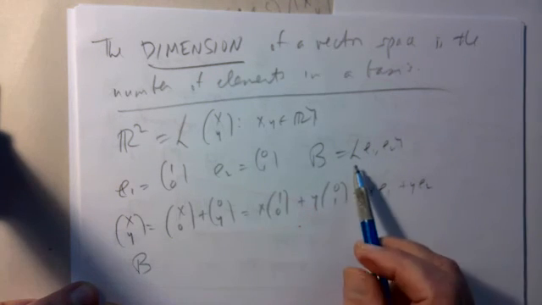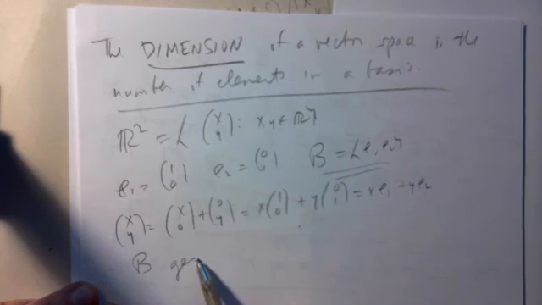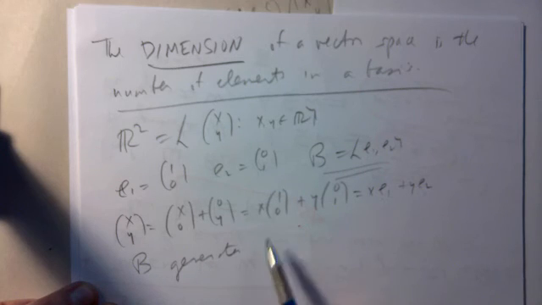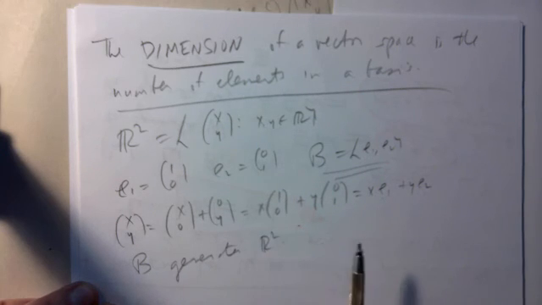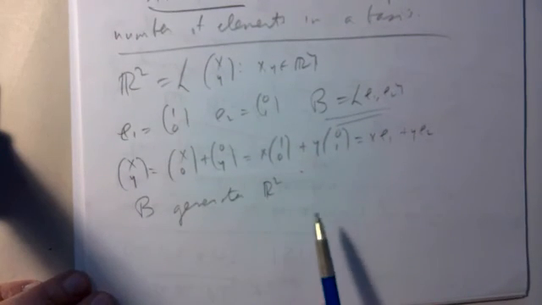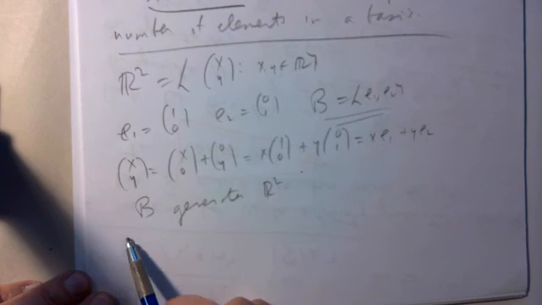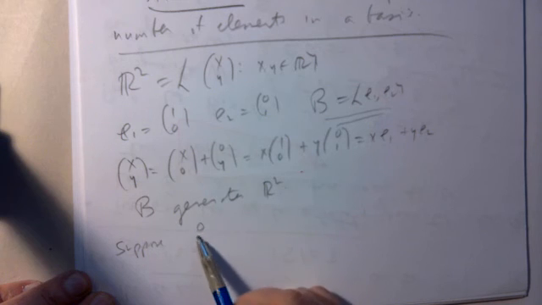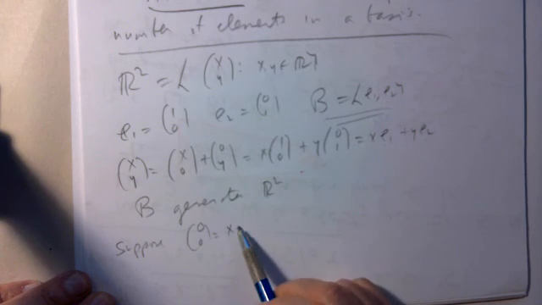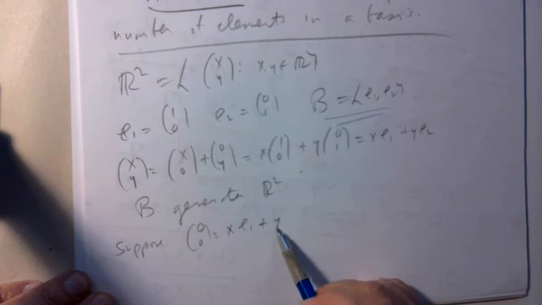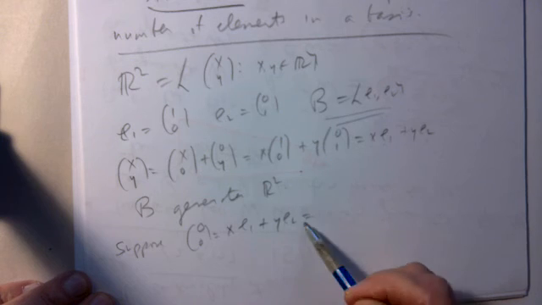So the set B generates R2. But I also claim these vectors are linearly independent. So suppose 0, that is the 0 vector, is some linear combination of e1 and e2.